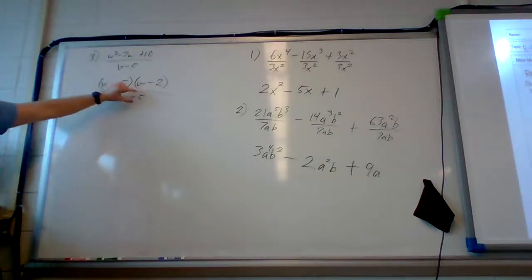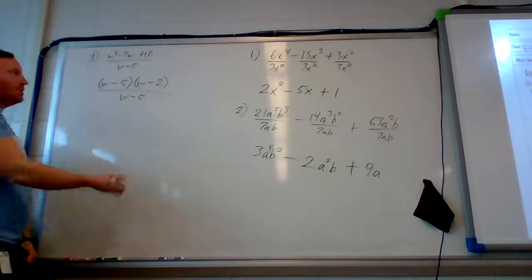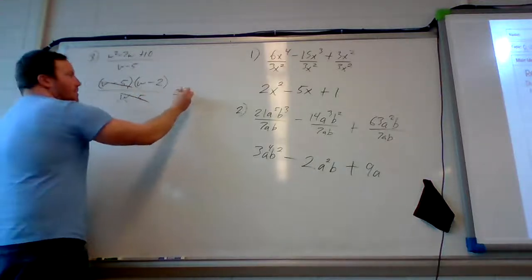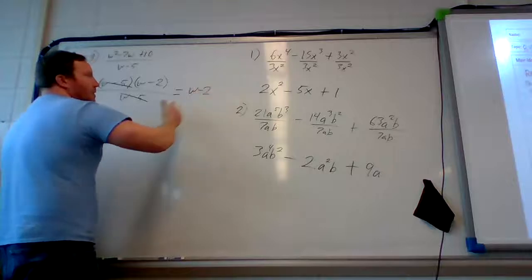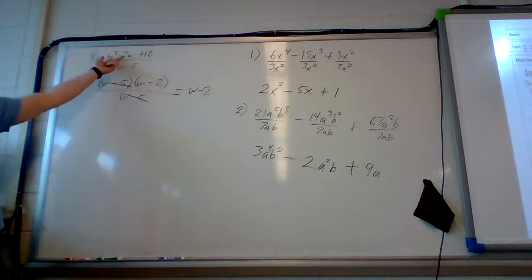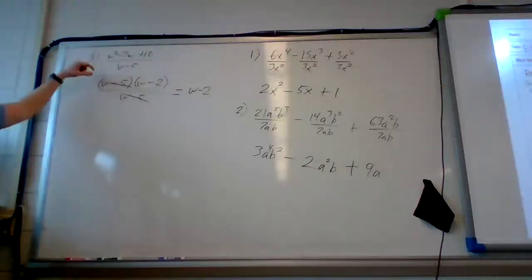If we have something divided by itself, those 2 things cancel each other out, meaning we're left with just the w minus 2. Where did the w minus 2 come from again? The factors. So when we factor w squared minus 7w plus 10, we can split it into w minus 5 and w minus 2.